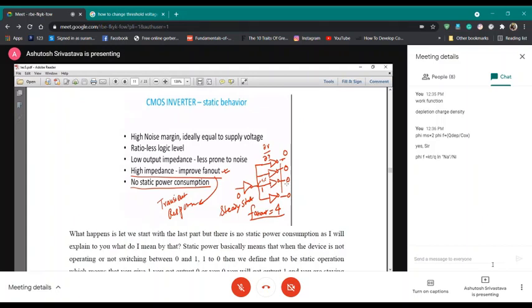We shall further see that there is a range of voltage which defines 0, and there is a range of voltage which is defined as 1. And it is not absolute VDD or absolute 0.